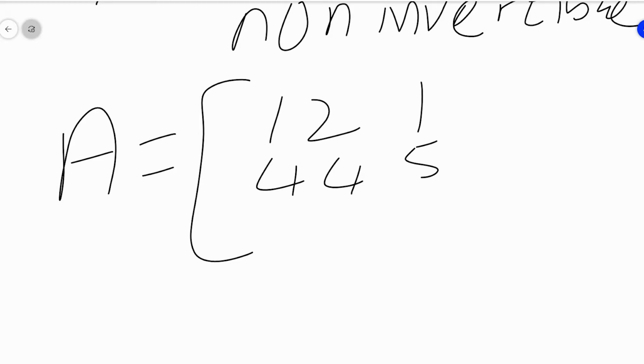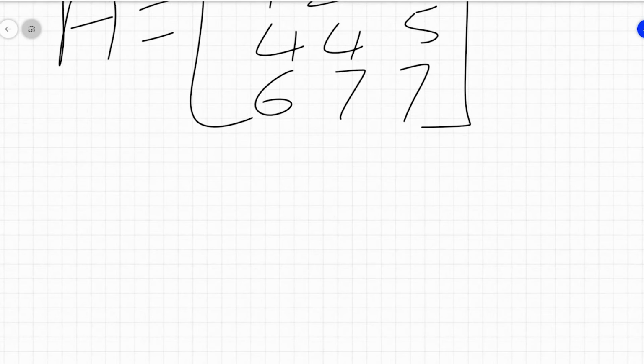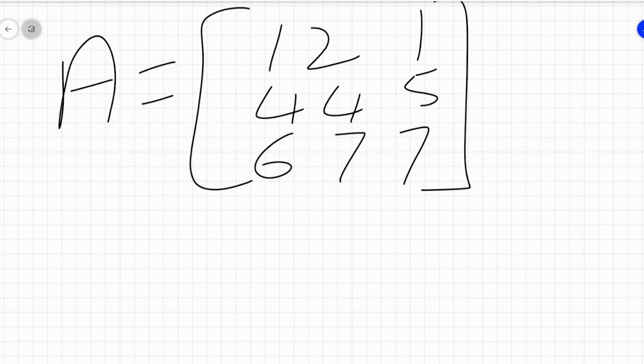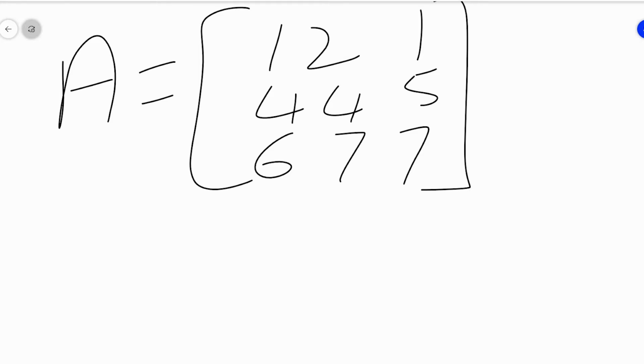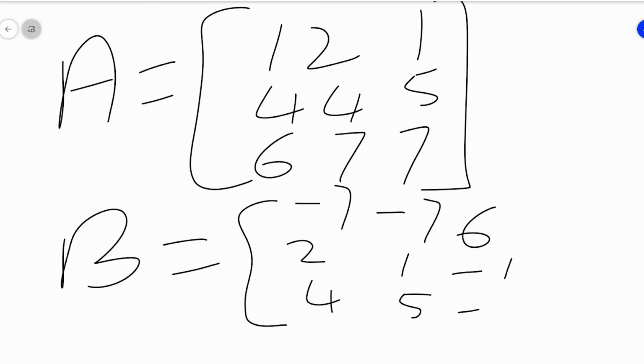Don't worry, we'll do how to calculate it soon. I'm keeping you in suspense, but I'm not doing that intentionally. I need you to understand some basic concepts before we move on. So the inverse of A is basically this: -7, 6, 2, 1, -1, 4, 5, -4.